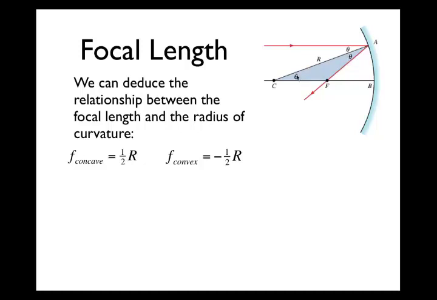But that is also equal to the angle formed over here by the triangle formed by the center of curvature, point A where this hit, and point F. And that means that the focal length here, if you assume this ray creeps down towards the center point, approaches 1/2 of the radius of curvature. So sometimes in particular problems we know what the radius of curvature of the mirror is and we have to figure out what the focal length is, or vice versa.